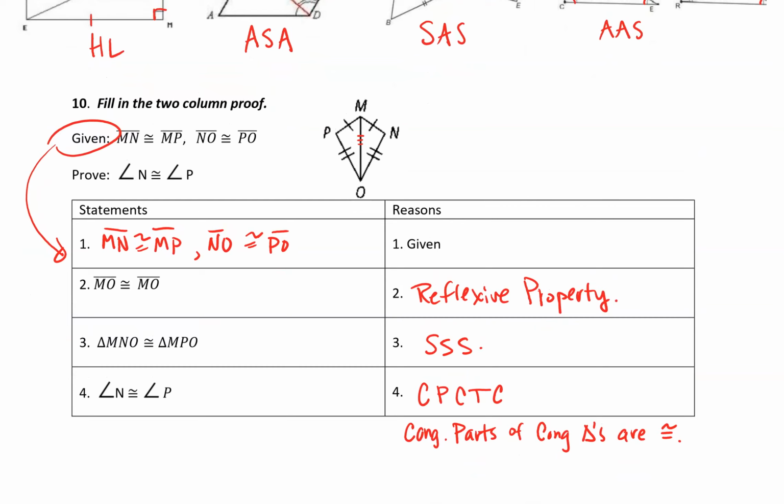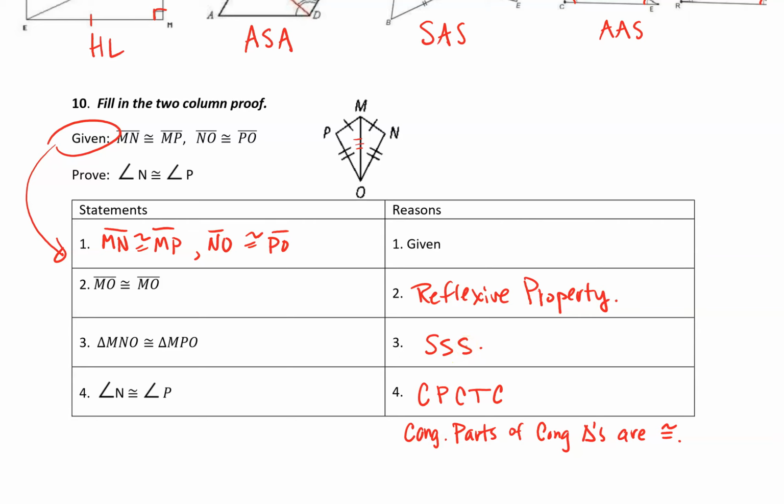So the steps in a formal proof start with your given statement. Then you're going to look at this, and we said we have a shared side. MO is congruent to MO. And whenever you see something congruent to itself, that is the reflexive property. And then we said that, well, because of that, all 3 sides are congruent, so we can say that the triangles are congruent by side, side, side.